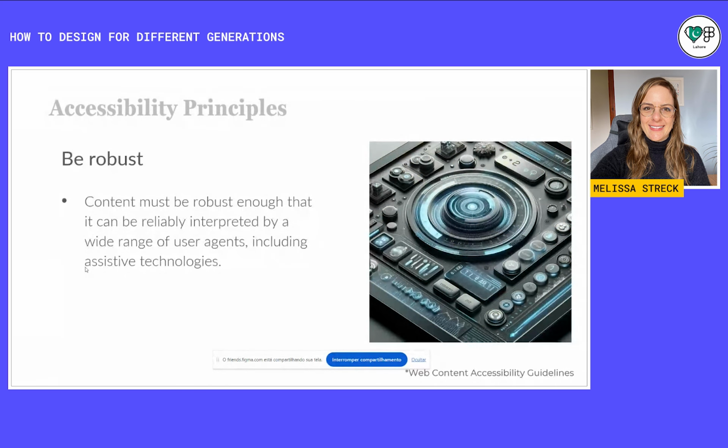And the last one here is that the interface should be robust. So the content must be robust enough that it can be reliably interpreted by a wide range of user agents, including assistive technology. This is more about when we create a product, and we are talking here about screen readers. When we design a screen, this design has an information architecture.